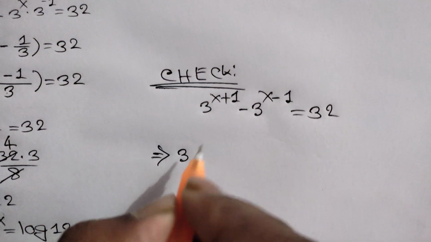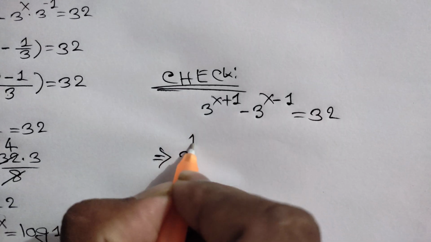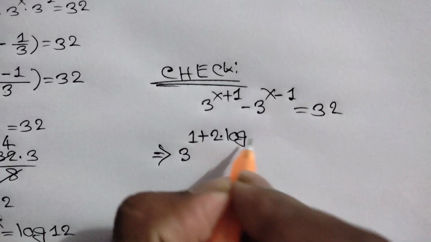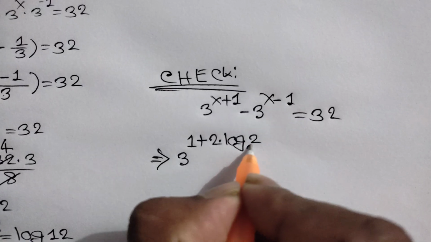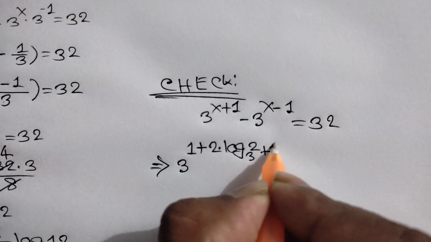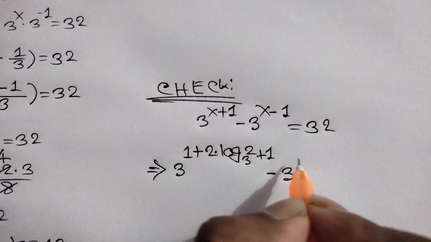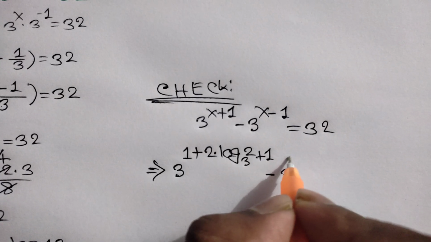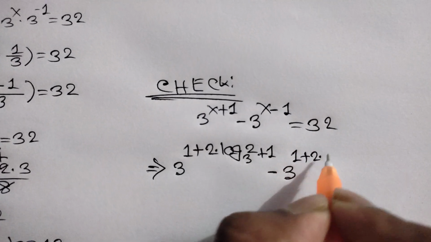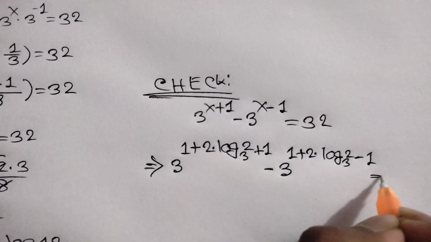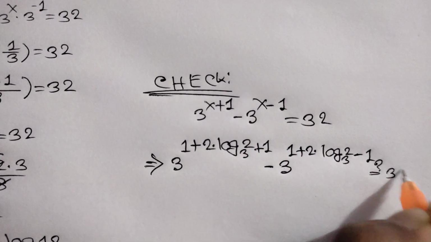Or 3 to the power x, that means 1 plus 2 times log of 2 base 3, plus 1 minus 3 to the power 1 plus 2 times log of 2 base 3 minus 1, is it equal to 32?